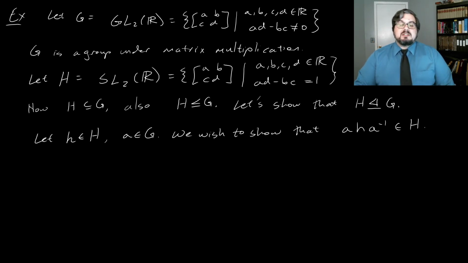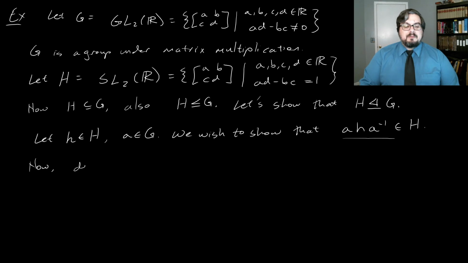And so if we want to show that the matrix a h a inverse belongs to H, we are going to need to show that it has determinant 1. So now, using some linear algebra, it turns out that the determinant of a product of matrices is the product of the determinants.